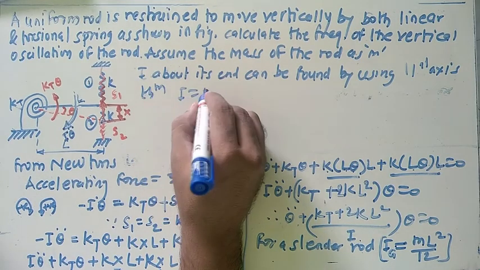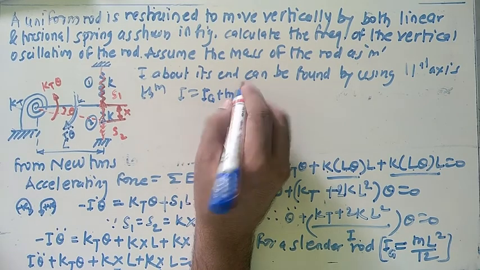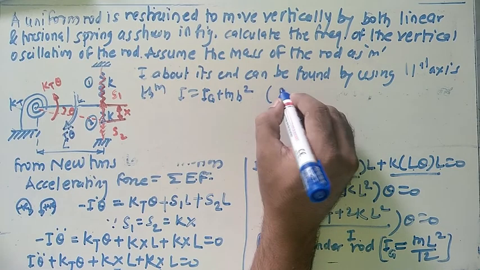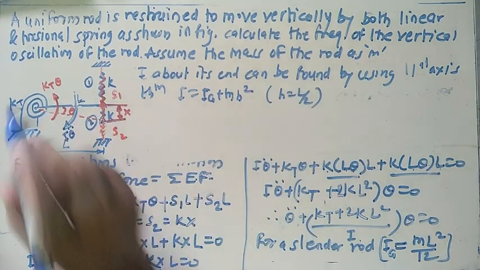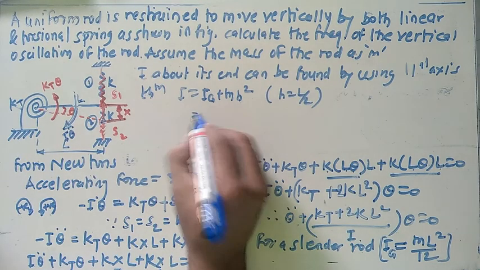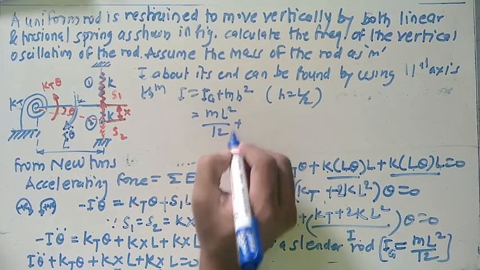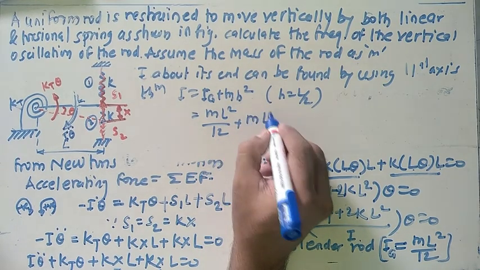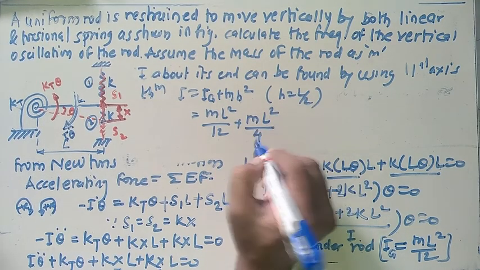What is this theorem? I equals Ig plus m h square. Here h is nothing but half of the total length of this slender rod. Already we know Ig is ml square divided by 12, plus what about this h? h is nothing but L by 2, so h square is L square divided by 4.